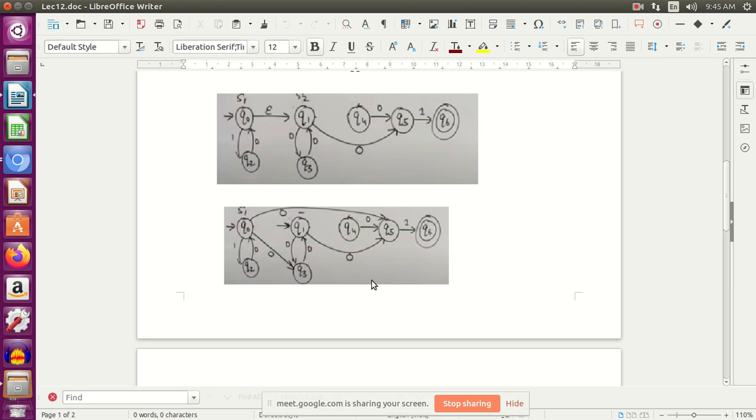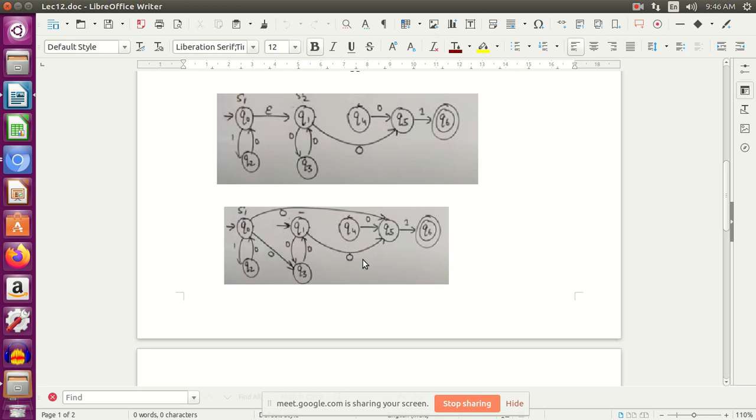But ma'am, can we consider this process as a conversion process from NFA to DFA? Because in some books I see they are using this process for converting NFA to DFA. See, from NFA to DFA, if you do not have an epsilon move, then it's quite easy and straightforward. We are making sets and doing it. Now, if we have an epsilon move, I am not very sure this process is going to work.